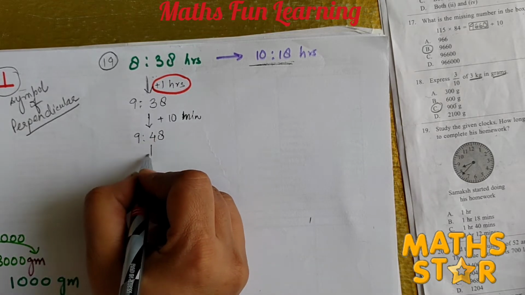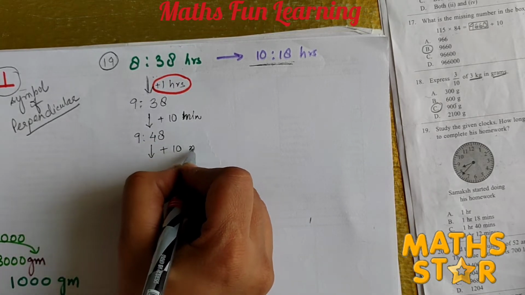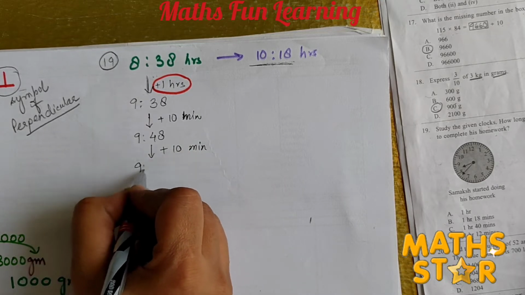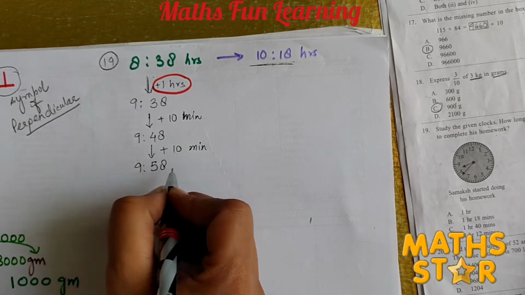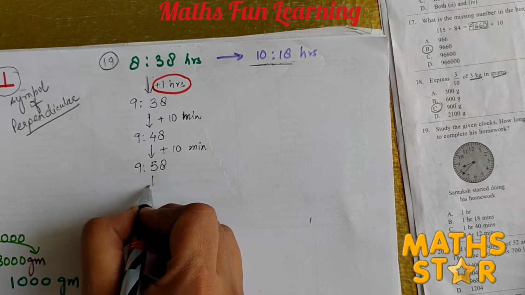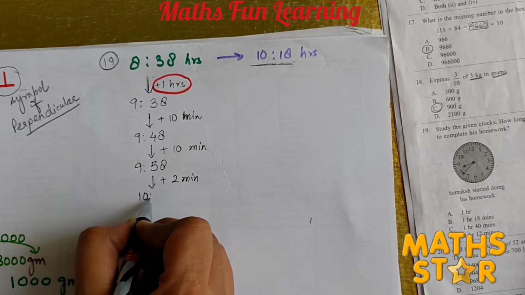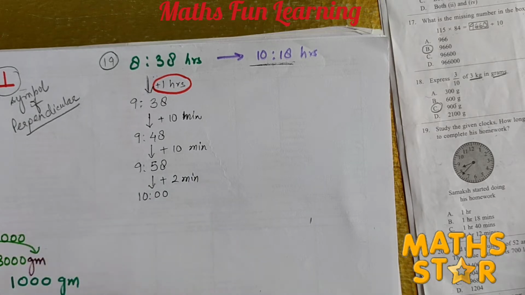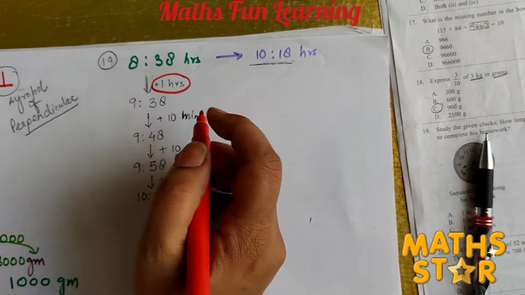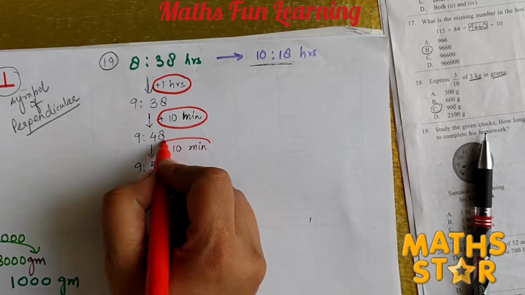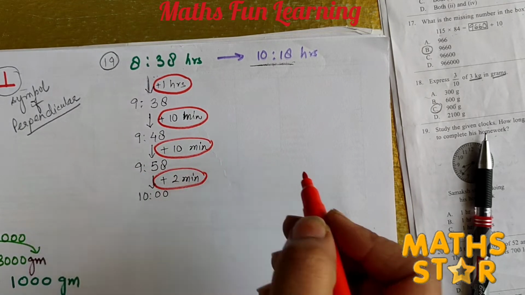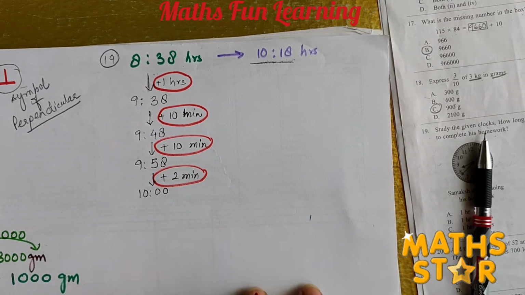Again plus 10 minutes, 9:58. If you add only 2 minutes, you can see it changes into 10 o'clock, right? So these are the times which you have to count to find out how many minutes and hours he took to study.